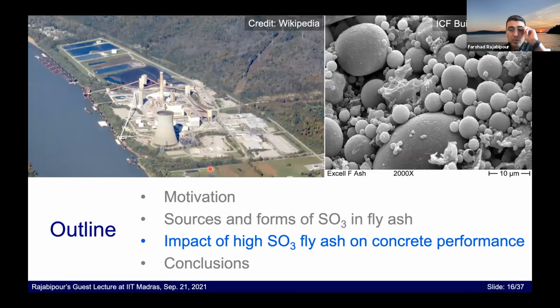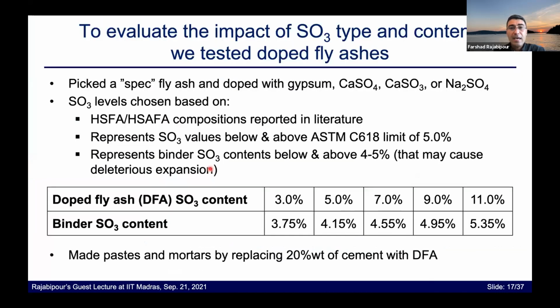All right, so now let me talk about our work on looking at how the SO3 type and SO3 content in fly ash would impact concrete performance. To answer this question, we tested both doped fly ashes as well as real fly ashes.